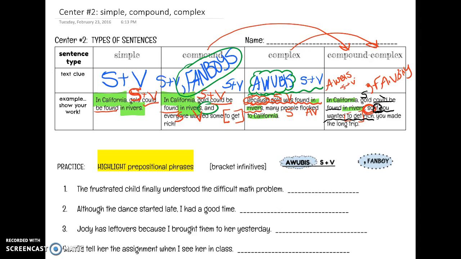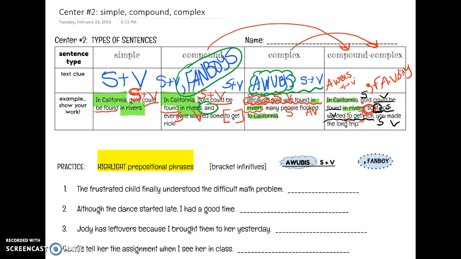Could be found is my verb. On the other side, I see you made the long trip. You is the subject and made is the verb. So in this case, we had an AWUBIS, if, with a subject and a verb after it, you wanted. And then we also had a comma FANBOY that had a subject and a verb on both sides. So that made it a compound, complex sentence.